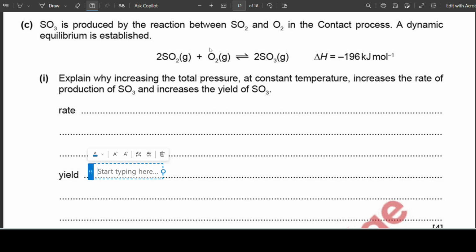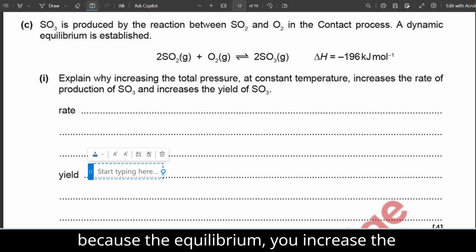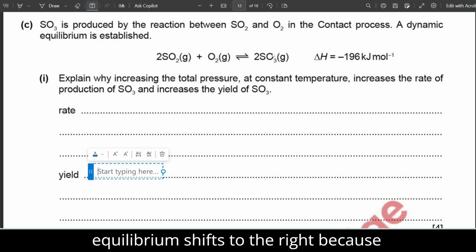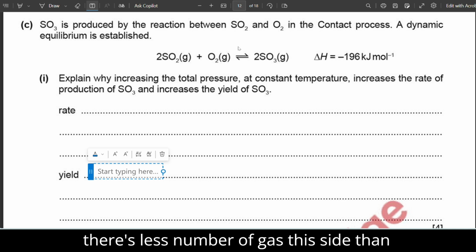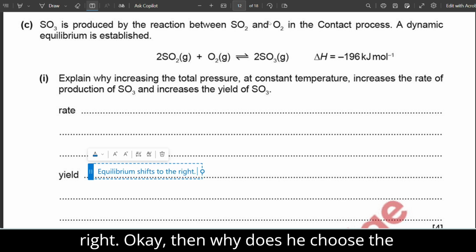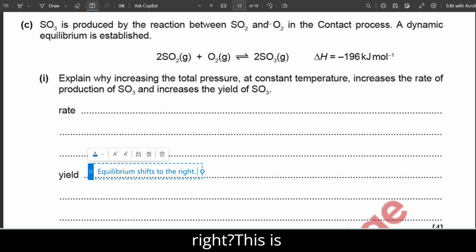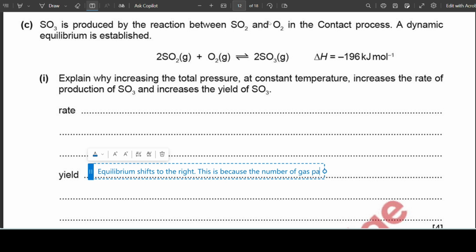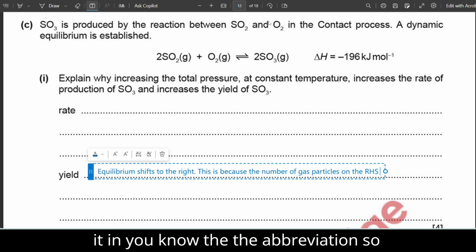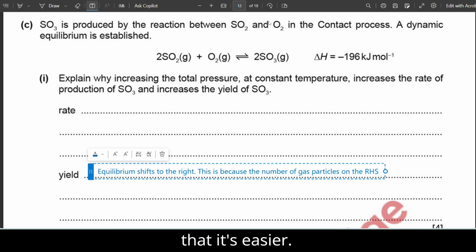Because you increase the pressure, it wants to fight the change by reducing the number of particles. So equilibrium shifts to the right because there are fewer gas particles on this side than on this side. So first you have to say equilibrium shifts to the right. Okay, then why does it shift to the right? This is because the number of particles on the right hand side is fewer. Please write this in full, but I'm just writing it in abbreviation so that it's easier.